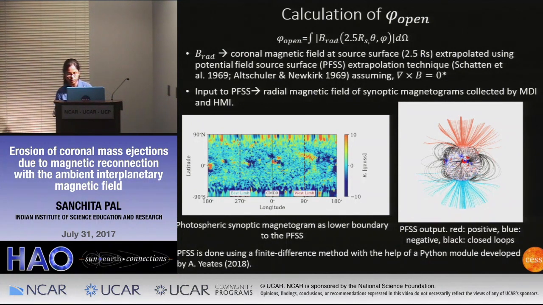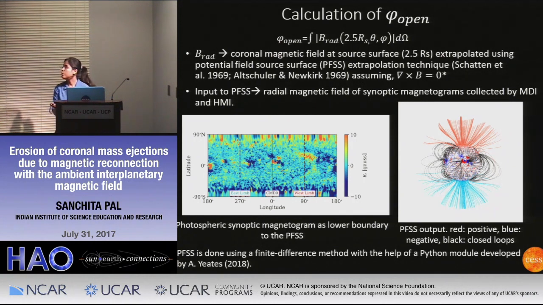We can see that these red lines are the positive open field lines, blue are the negative open field lines, and these black are the closed field lines. We will calculate the open magnetic flux of the Sun using this radial magnetic field information.